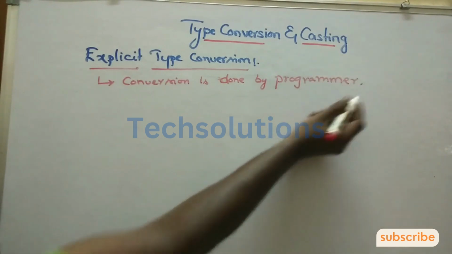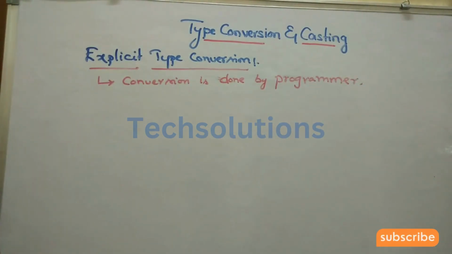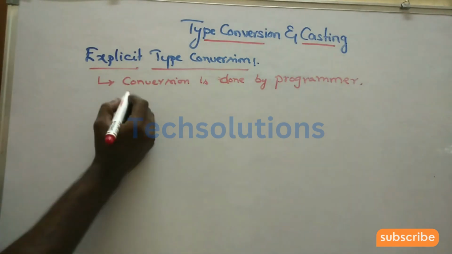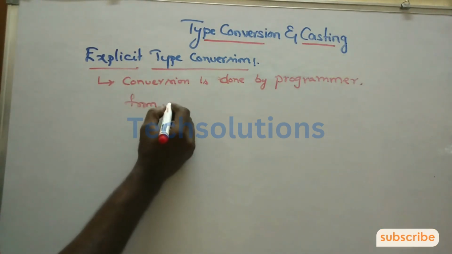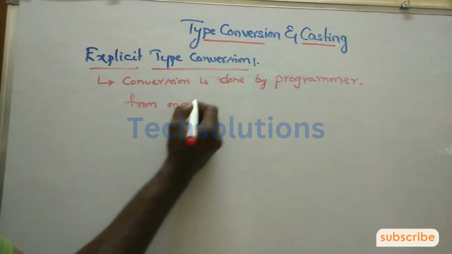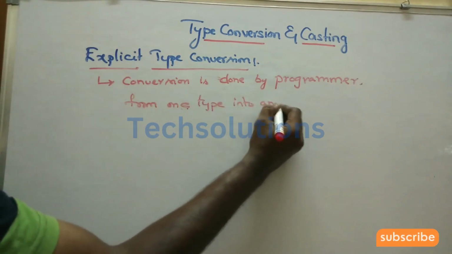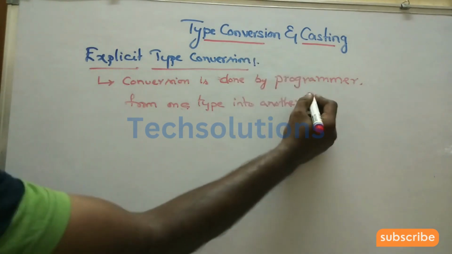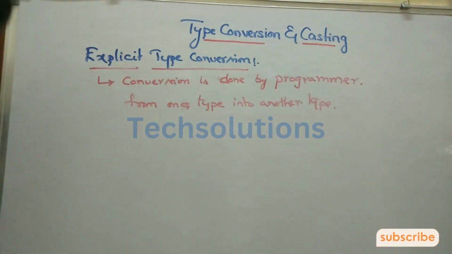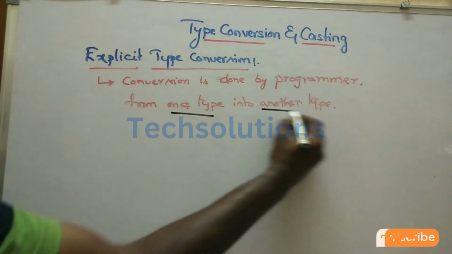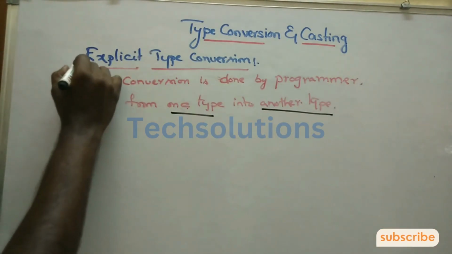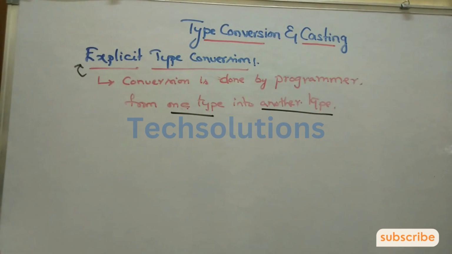It means the programmer will convert externally, or explicitly, from one type of value into another type of value. That is called explicit type conversion.